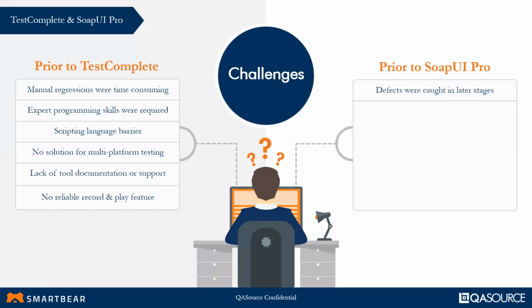One of the major challenges was that the defects were caught later in the stages. And this is because of the lack of automated API tests. The defects were caught during the UI testing phase, which increased the time and cost of identifying the root cause, and also the cost of fixing these issues.